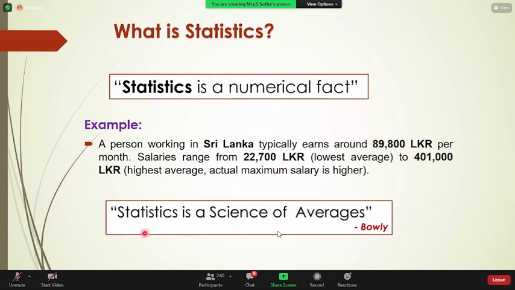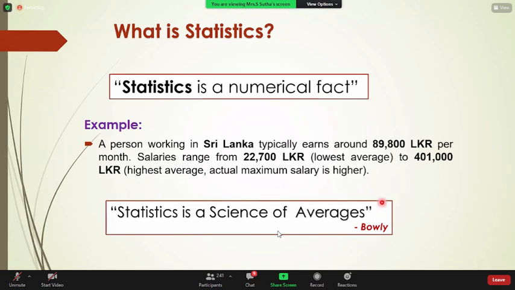Then, based on this example, Bowley, the statistician, says statistics is a science of averages. Right now, we are talking about averages and the deviations in statistics. Each and every average has a different meaning.